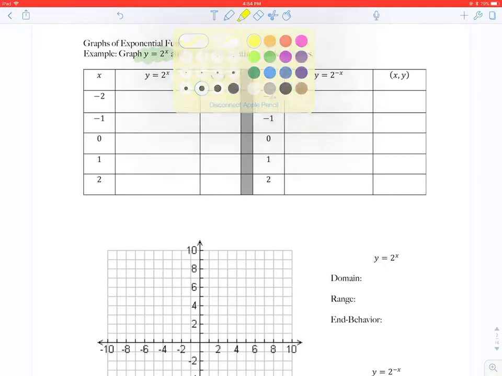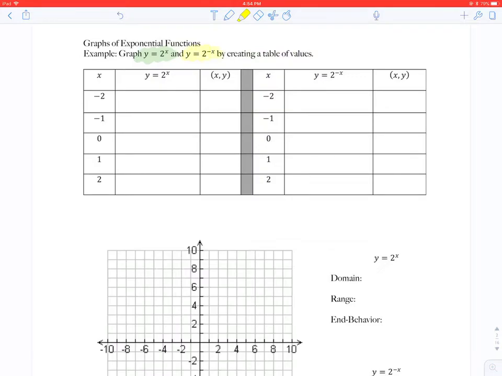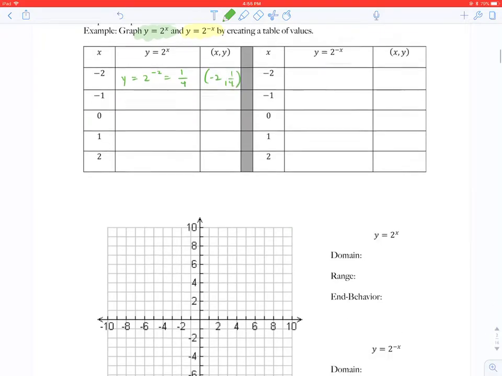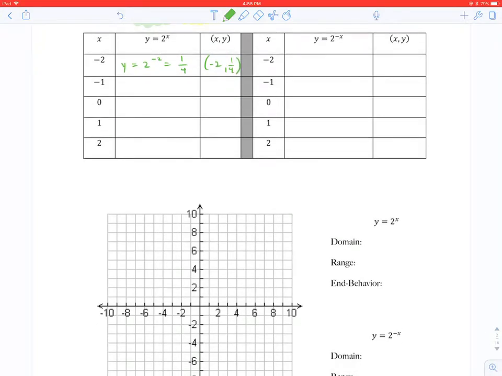We have y equals 2 to the x, and then we have y equals 2 to the negative x. So if we fill in the table for y equals 2 to the x, y equals 2 to the negative second would be 1/4. So that's the point negative 2 comma 1/4, and I could go ahead and plot that, or do my best to plot it. Then 2 to the negative first is 1/2.